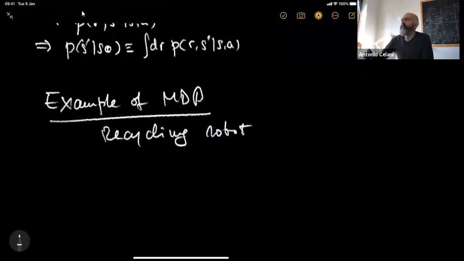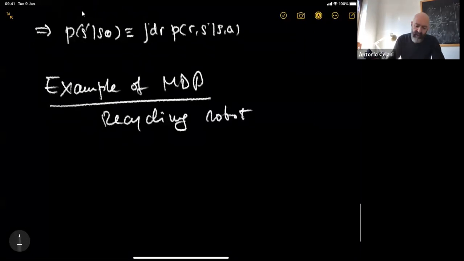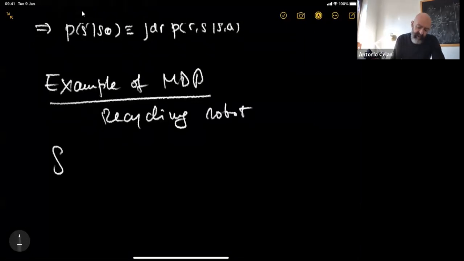The recycling robot is a relatively simple object. Let's start from the description of the states and actions that are available to this robot. The set of states for the recycling robot is very simple. It's made of just two states, and these two states are the levels of the battery.